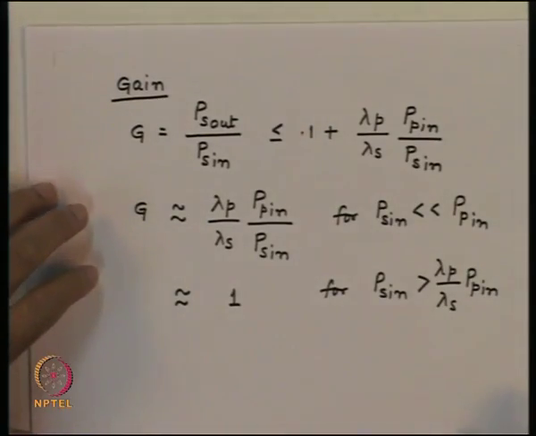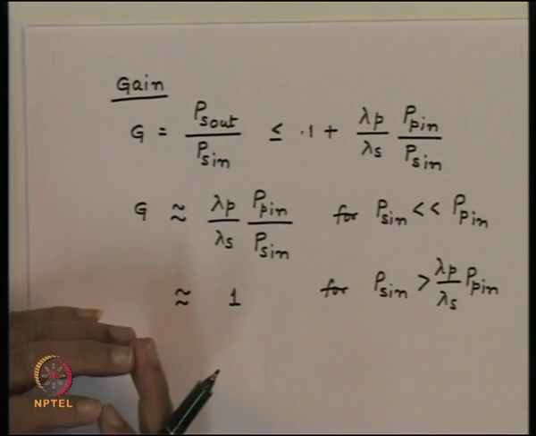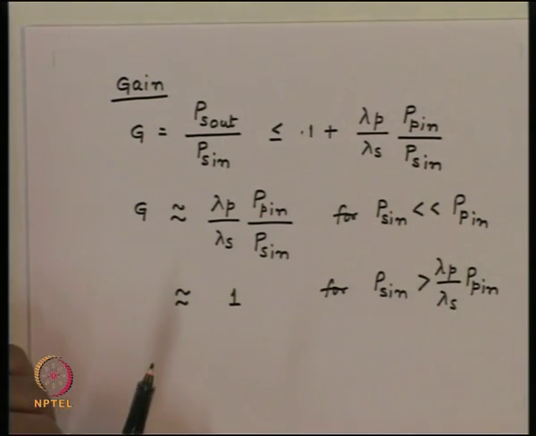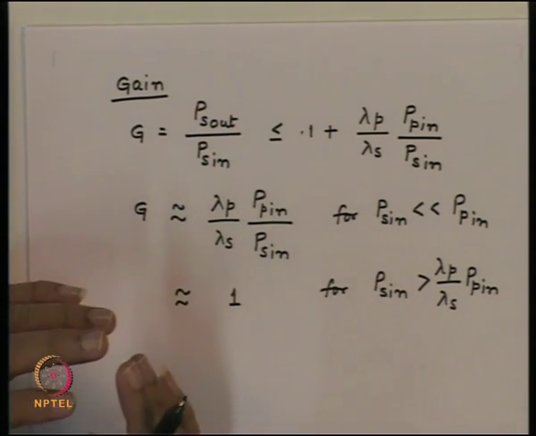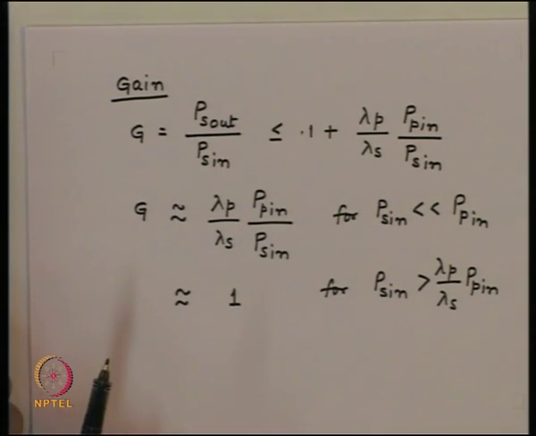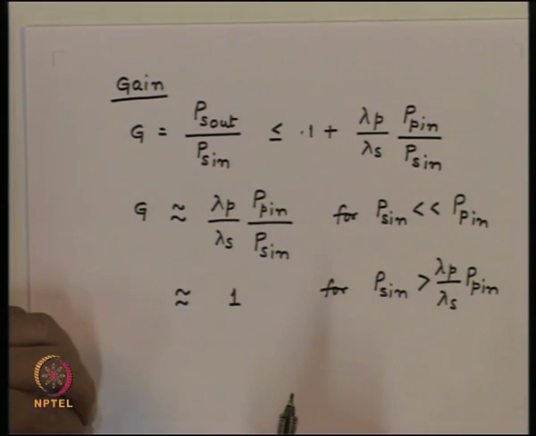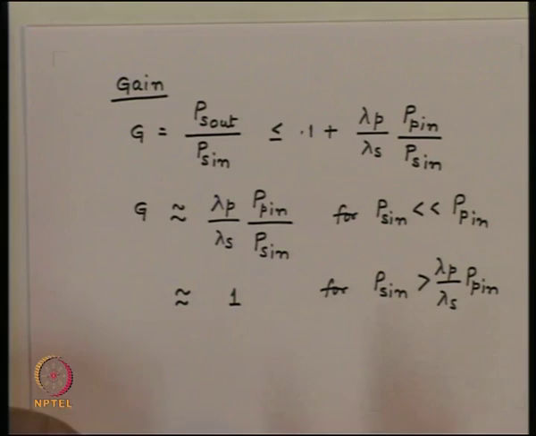So one can say that for a desired gain and for a given pump power, there is a maximum power which should be given to this amplifier. So there is a maximum value of the signal input which can give you the desired gain, and that we can get from inverting this relation.